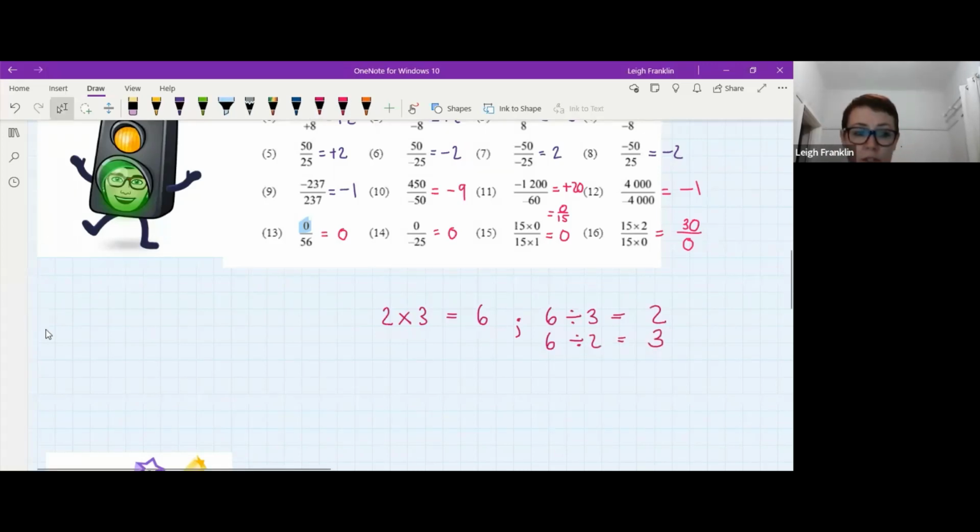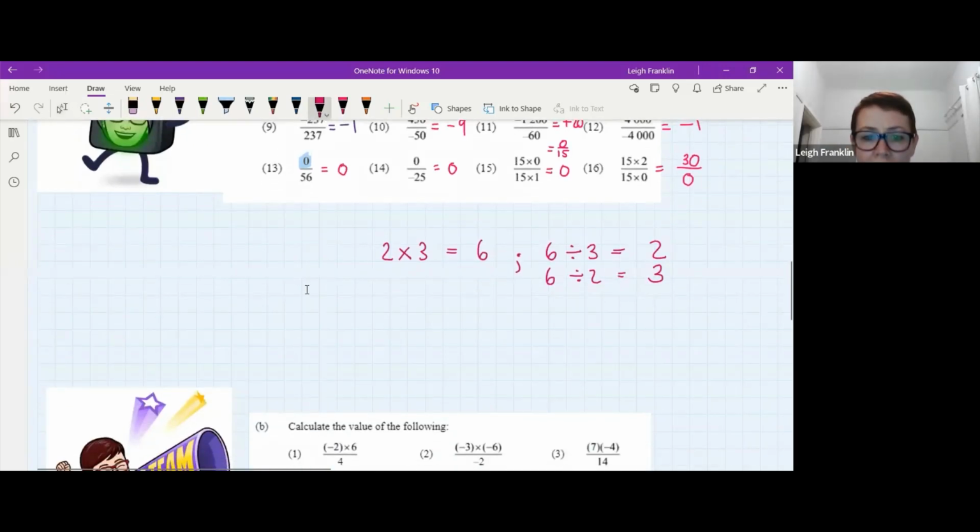That's inverse operation, okay? So now, if I take 6 and I times it by 0, what do I get as an answer? I get 0. So whenever I multiply by 0, I get 0 as an answer. So now if I take 0 and I divide it by, sorry, I beg your pardon, I wrote the number here, it's not 0.